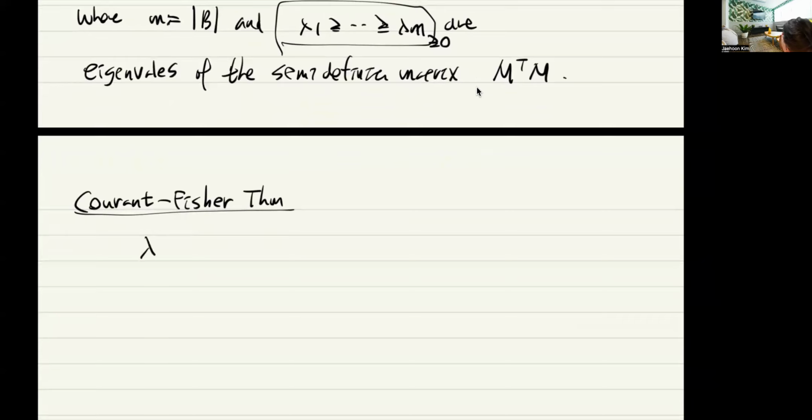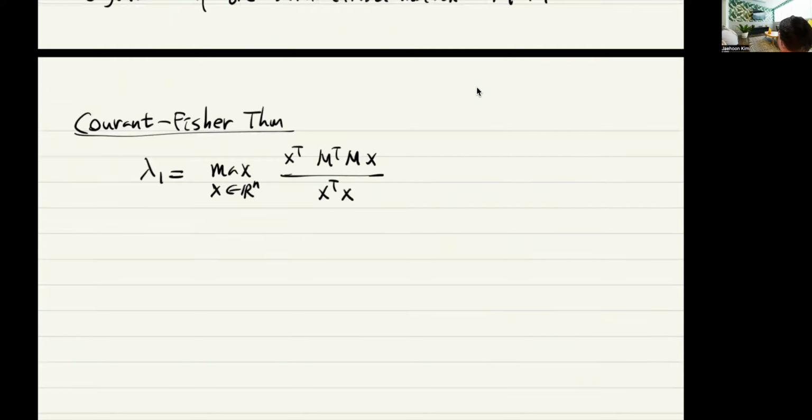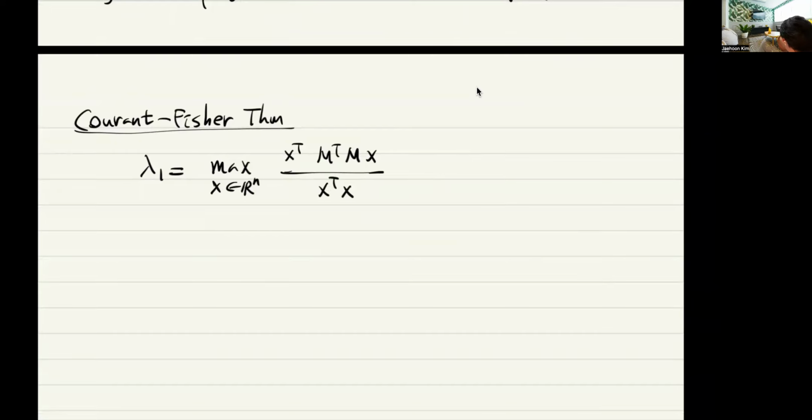This states that lambda 1 is the same as the maximum over all vectors x in R to the n of x transpose Mx divided by x transpose x, which is the Rayleigh quotient. And we know this.